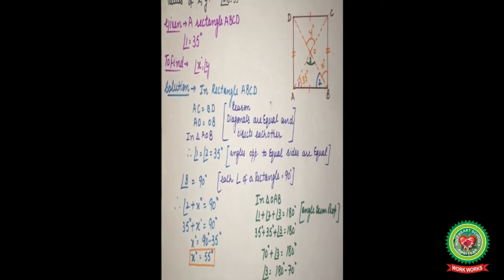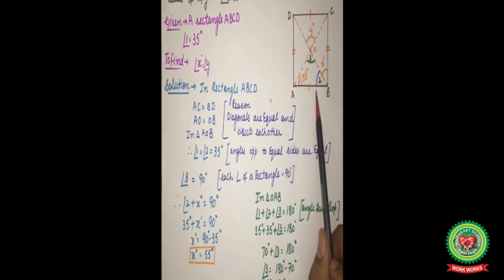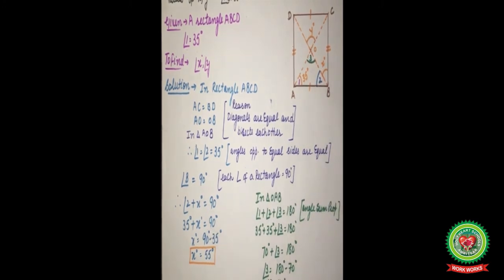Now we know that each angle of a rectangle is of 90 degrees. So this full angle B will be of 90 degrees. Now angle 2 plus angle x will be equal to 90 degrees. Now we have already calculated the value of angle 2 as 35 degrees.